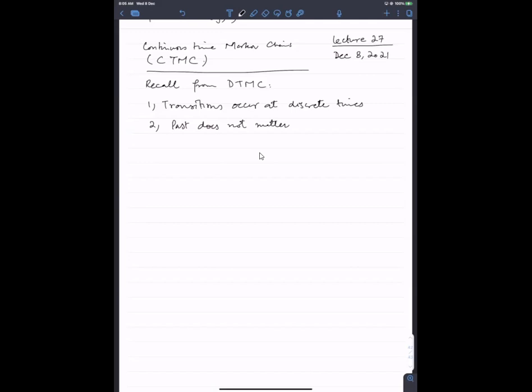So the second property is basically because of the Markov property, the Markovian property. And the third is that the transition probabilities are stationary. They are not changing with time. They do not change with time.